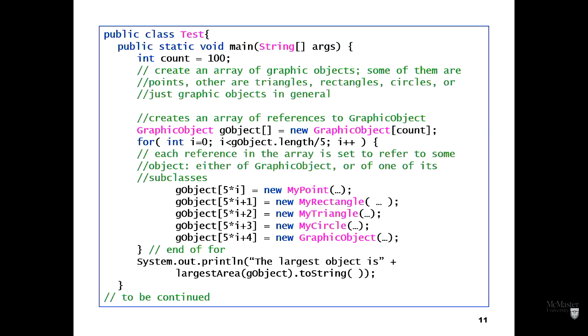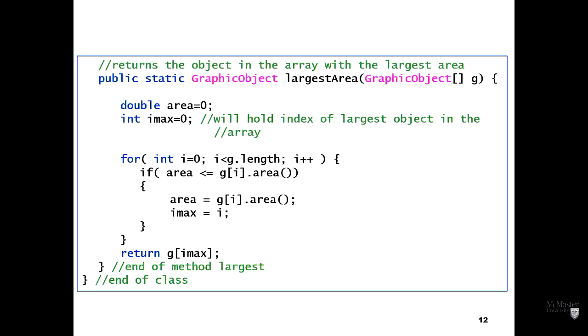Then later, we assign each element of the array a certain child type. One is point, one is rectangle, triangle, circle, and then graphic object, I guess, is the parent as well, right? And then we have a method here in the test class that calculates the largest area.